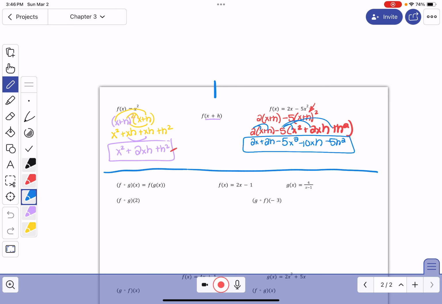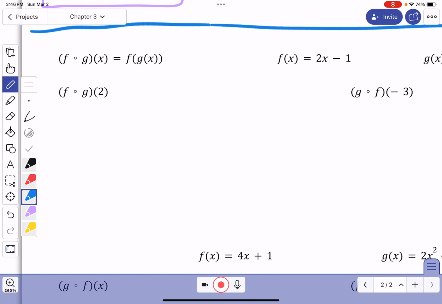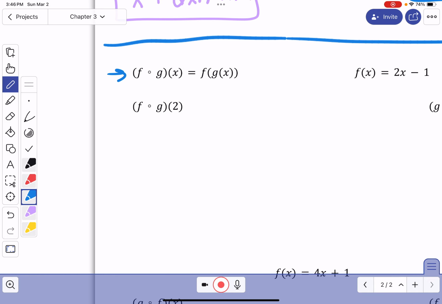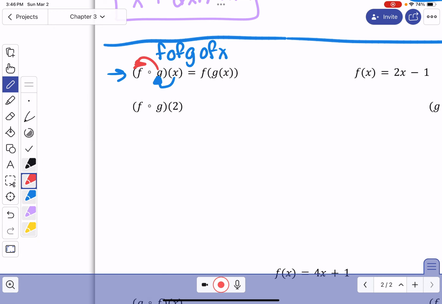And just a refresher of evaluating function notation. Now we're going to do what we call composition, or F of G. It's read as f of g of x. If you're given a number, you work inside out. So you would plug the number into g, and then whatever you get, you plug into f.